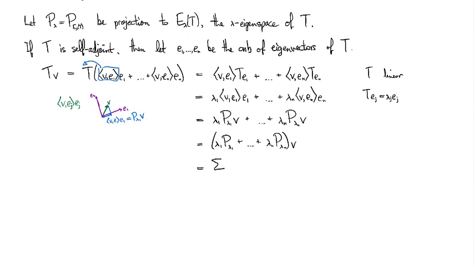So this is the sum over all the lambdas in the spectrum of T of lambda P lambda applied to v, and that tells us that that's exactly what T is.